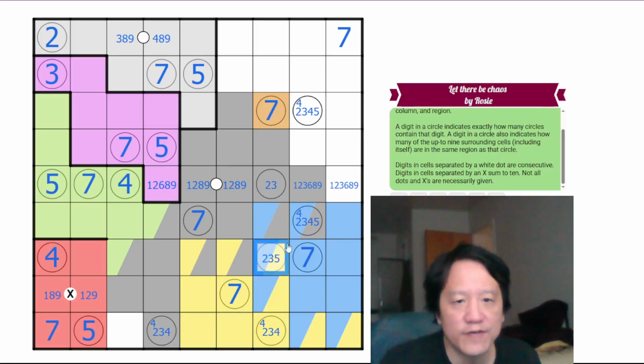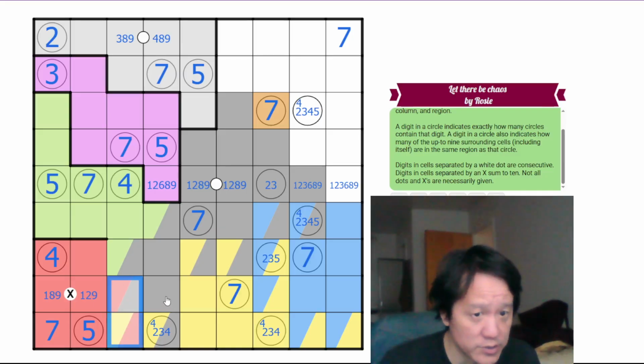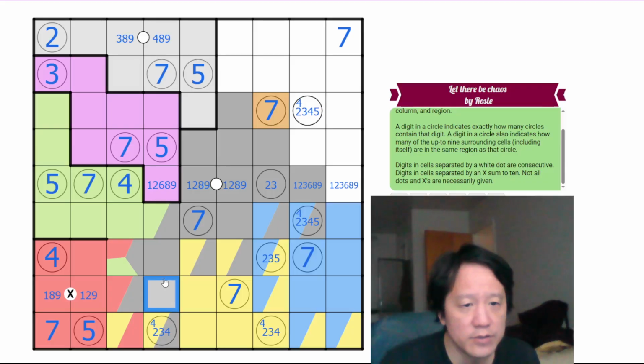We have one more 5 in a circle available. Yellow can go to here. So medium can only go to here. So one of these is going to be red. One of them's not red, which is interesting. Red has to go here. So we have 5 here, which means we either have red here, or red here.